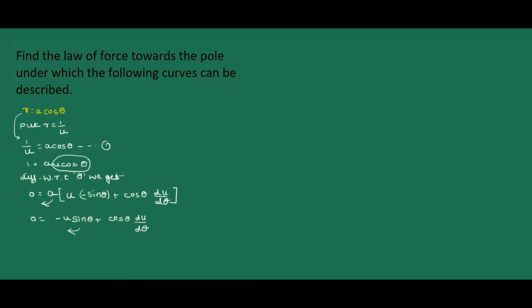Transpose minus u sin theta to the left hand side. We get u sin theta is equal to cos theta into du by d theta.